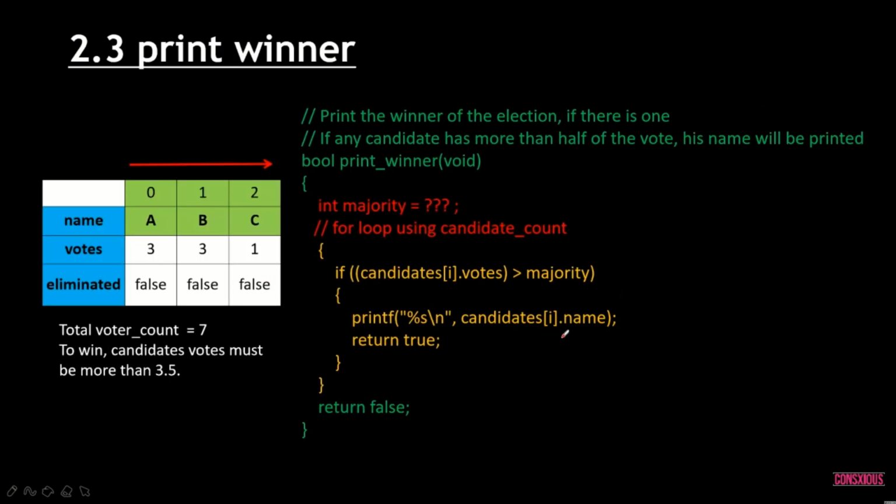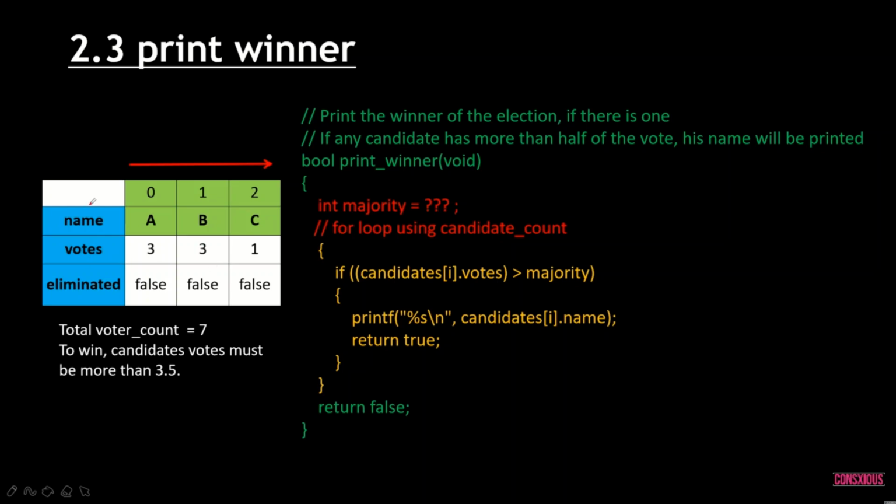Next, we're going to go through the print winner. To find the winner, we just have to find the vote count first. For example, here there are 7. By common sense, to win the election, we set 7 divided by 2, which is 3.5.